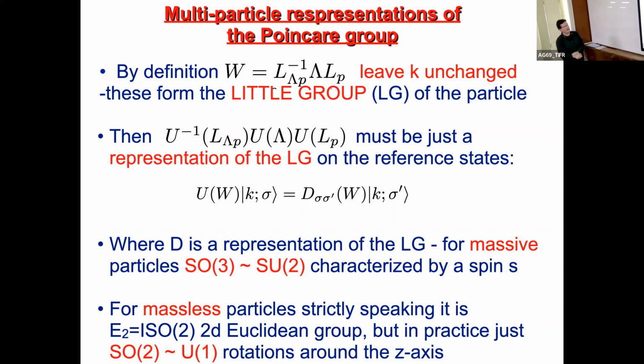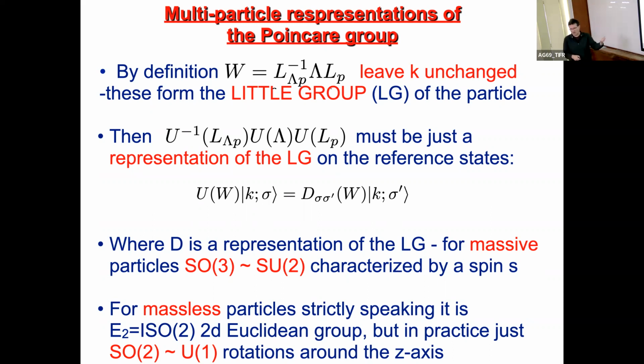And if this is true, then the corresponding representations in the Hilbert space for this particle must render a representation of the little group itself on the reference state. If I now take the quantum state corresponding to this reference momentum, here this k sigma, the k tells us that this is a state corresponding to the reference momentum, and the sigma are all the other quantum numbers.